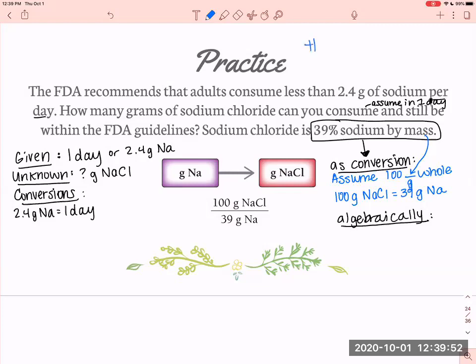So the number of the percent can be transformed into the number of whatever unit you're looking at of your part equals 100 of whatever unit of your whole. So that's how we can convert any percent into a conversion factor and then use it from there.